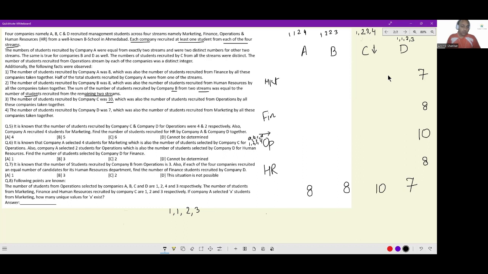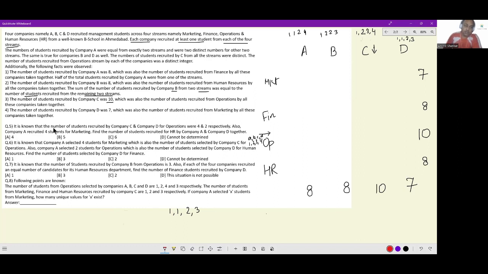We also have counts of people who will get hired in operations across companies, but we have nothing more. But it is fun. This question is about, according to the information given in the question, you have to generate future cases. So let's start.